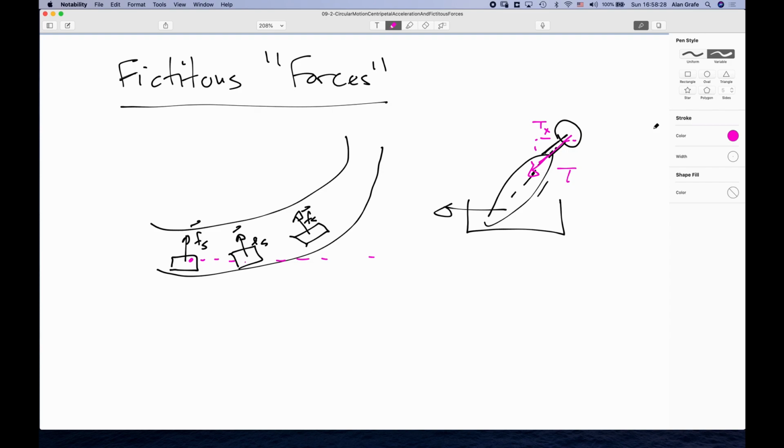Your velocity is changing because even if you're going at a constant speed, remember your direction is changing, so you're an accelerated observer. And in the Newtonian framework, accelerated observers are not allowed to quote-unquote do physics calculations.